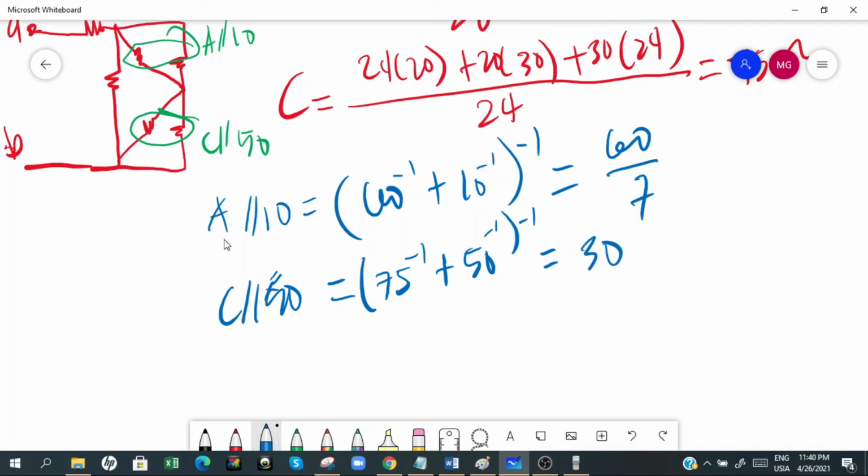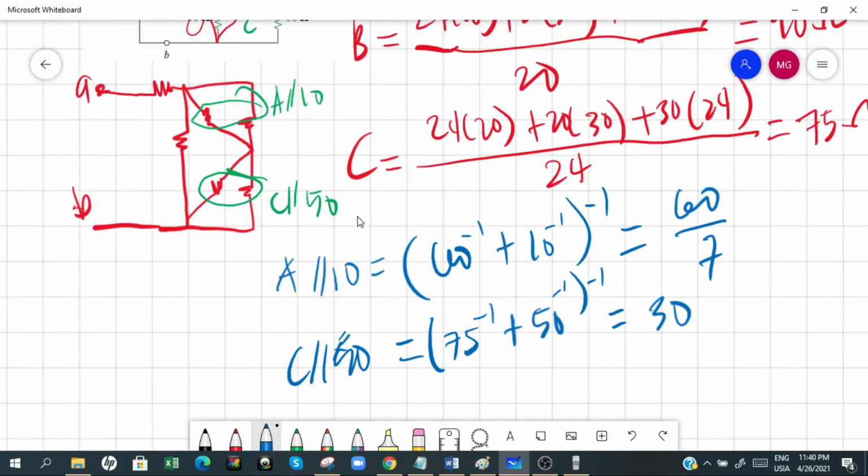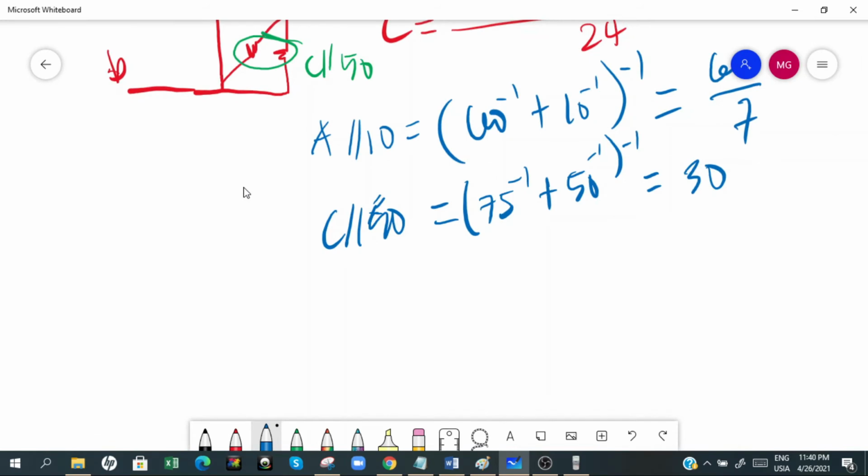Now if we are going to change the figure again, based on this one, it will look like this.